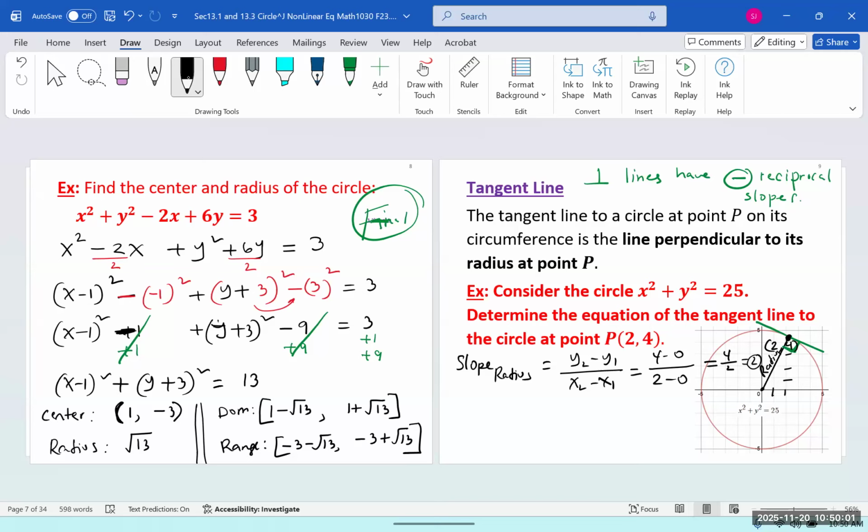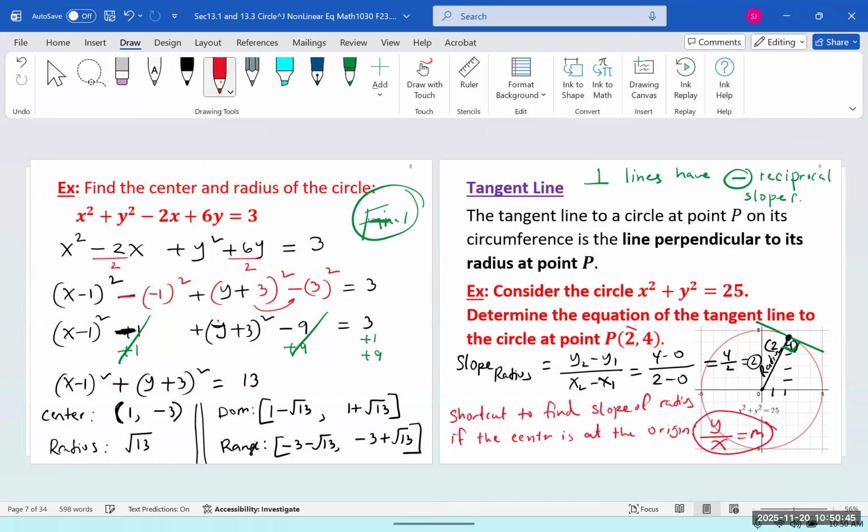Or you can do a shortcut. If your circle is at the center, you can use the shortcut. The shortcut to find the slope of the radius if the center is at the origin is y over x.